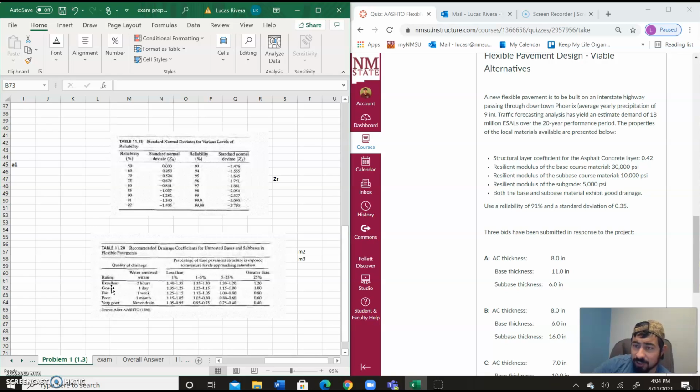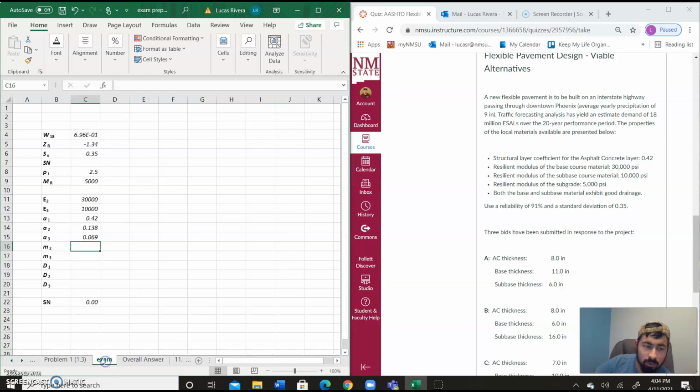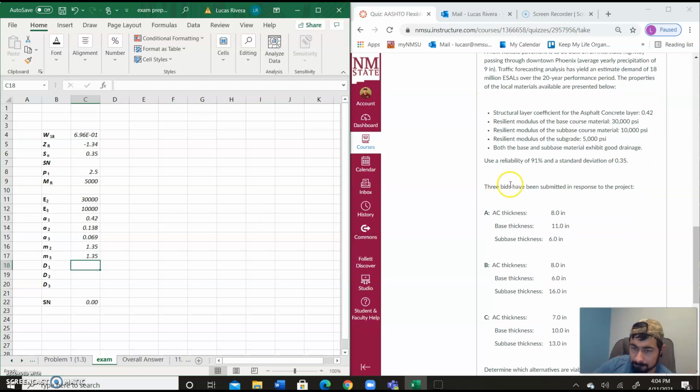Average yearly precipitation of 9 inches, that's, I would say, less than 1%. Less than 1% good drainage. I'll go 1.35 for both, just because it's within the bounds.